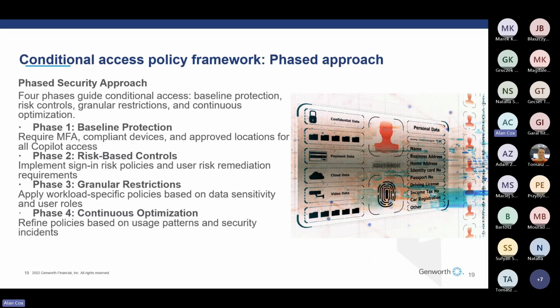Then risk-based controls: implement sign-in risk policies and user risk remediation requirements. A little bit of insider risk, which is really good, kind of out of the scope of what we're talking about here, but definitely look into some insider risk controls. Then apply workload-specific policies based on data sensitivity, user roles, etc.